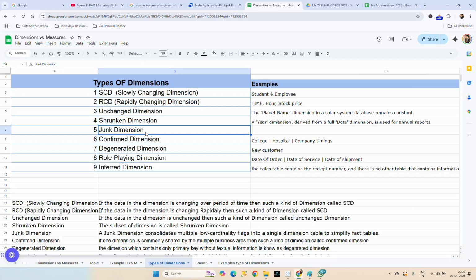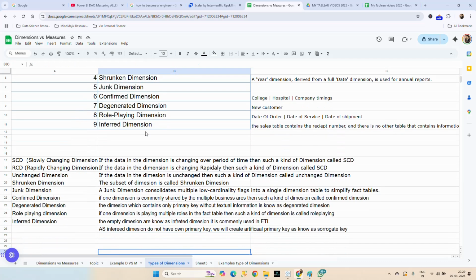I hope you understand. Now I'm talking about the conformed dimension. If one dimension is commonly shared with multiple business areas, such a dimension is called a conformed dimension. For example, let's say you are in Vizag.